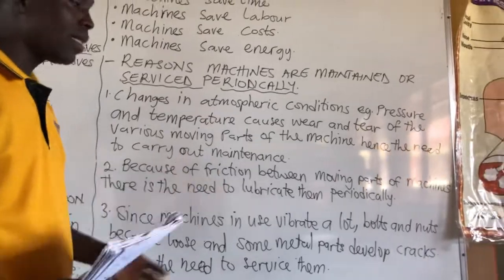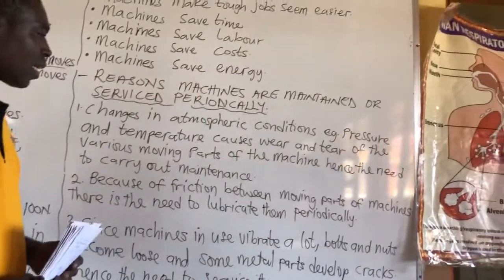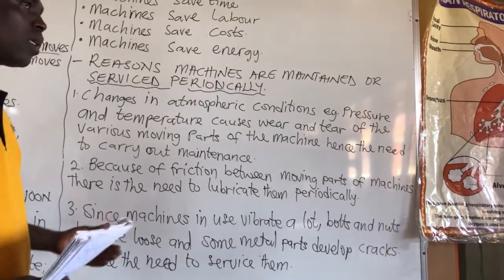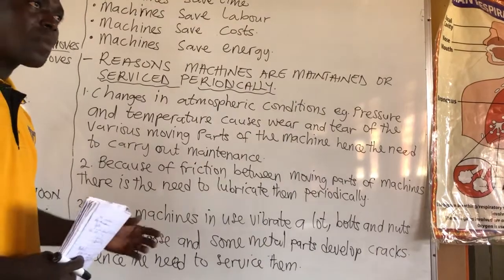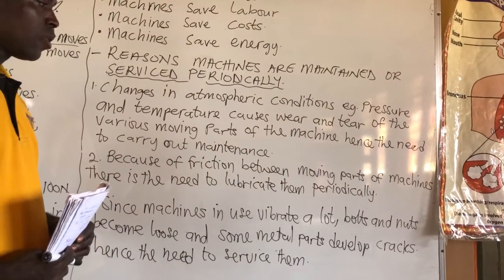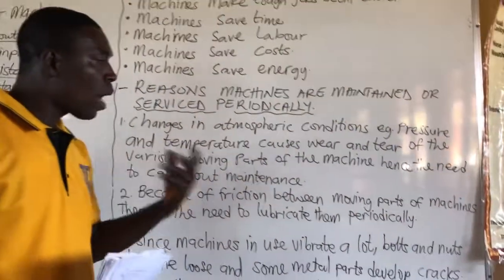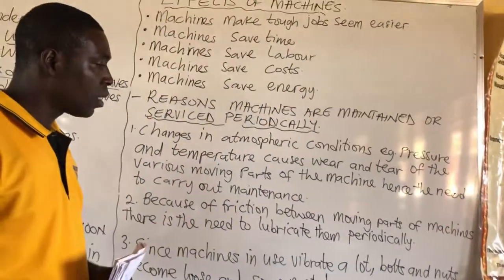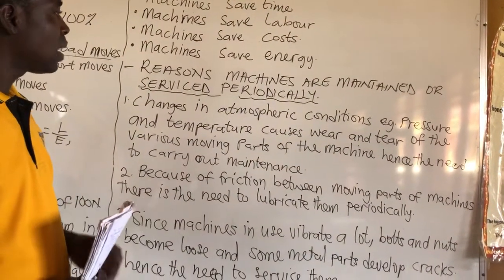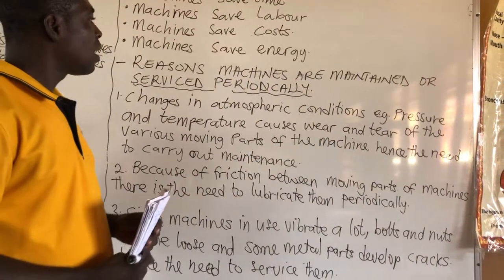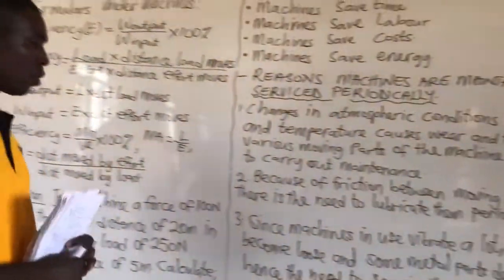I'm sure when daddy or mommy want to move or want to start his or her car, he or she normally checks the bolts and nuts, especially in the tires, so that to make sure that the tires doesn't remove whilst the car is in motion. And this is what the reasons for maintaining or servicing machines periodically. I hope you are taking notes.